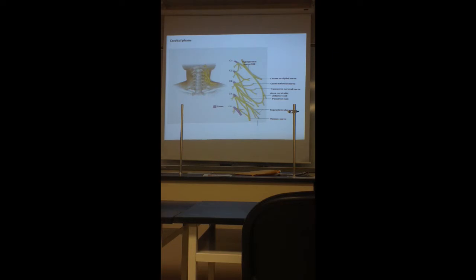There's a web-like organization where some of the fibers from different spinal nerves will come together and form certain nerves. So the nerves of our body, like the phrenic nerve and supraclavicular nerve, are all composed of fibers from different spinal nerves. It's complicated.